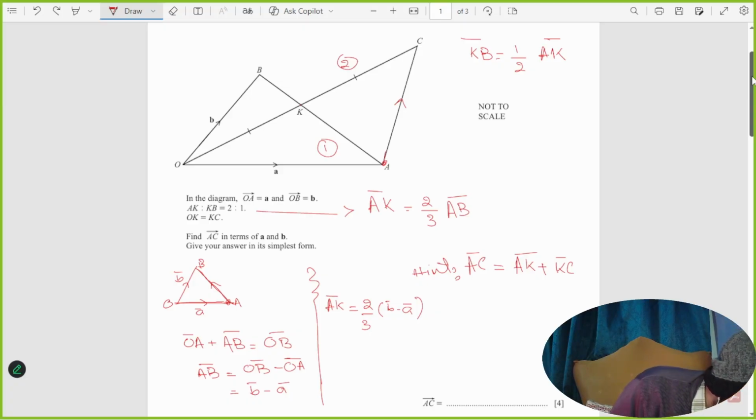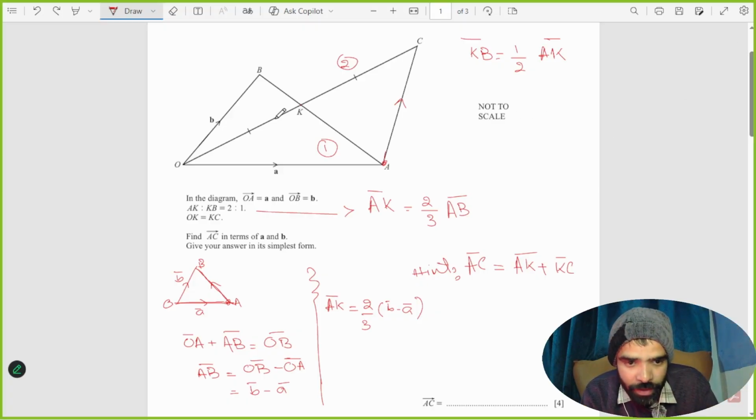To find KC, we can consider or find the vector OK. Vector OK and vector KC will be equal. Why will they be equal? Because OK and KC are equal.